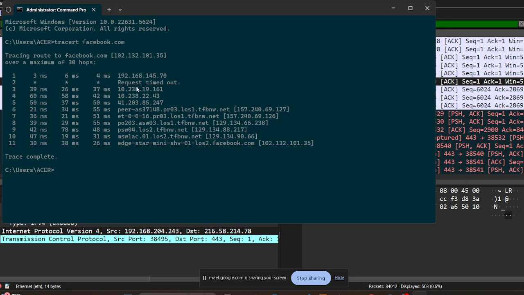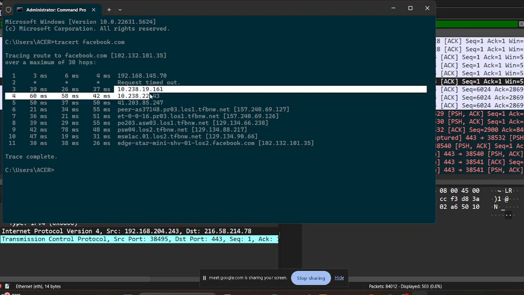Now, from the trace we did the other time, you can see that they have almost the same number, 10.238, right? They start with 10.238. This one also starts with 10.238. So these two computers signify that they are on the same network, right?